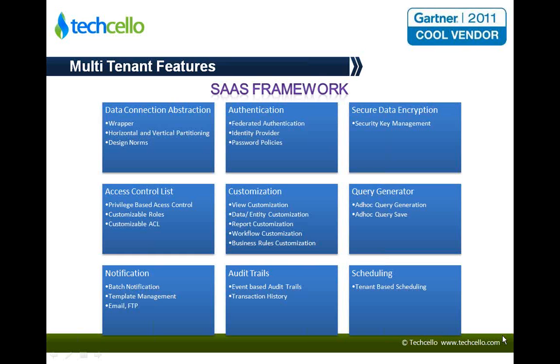So again, scheduling has to be multi-tenant aware. You might have to schedule the jobs differently for each of the tenants. So the scheduling block is the block which is going to take the responsibility of doing that. So that's on the SaaS framework.